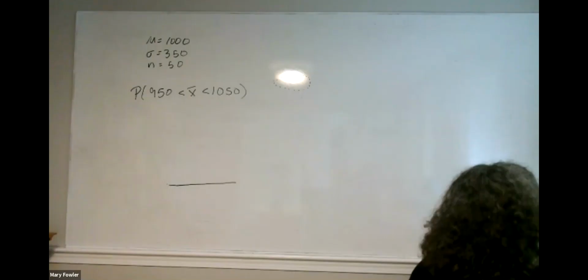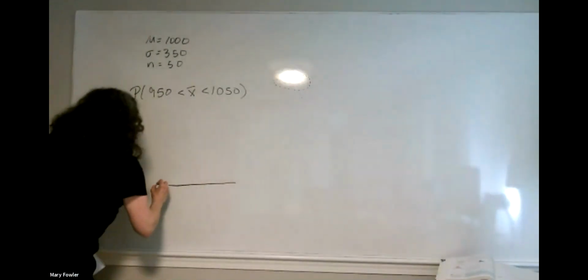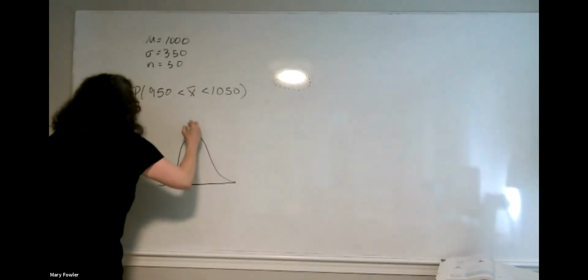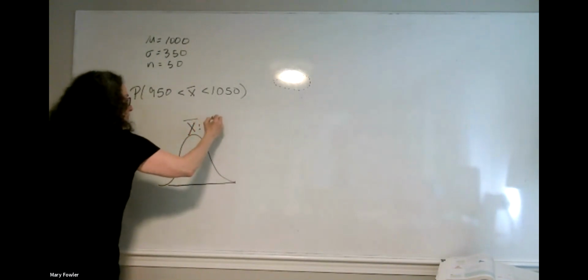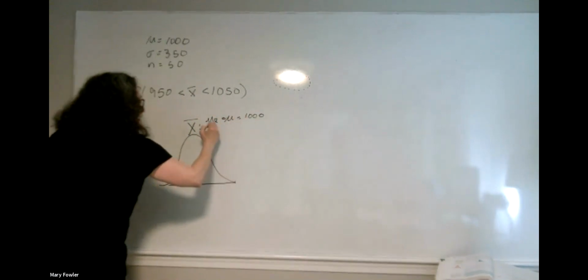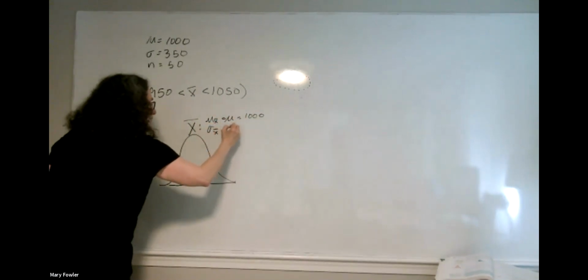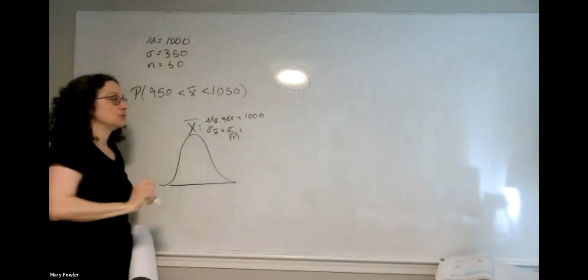And so let's draw that up on the board. We have X bar that is approximately normal. And we know mu sub X bar equals mu, and that's 1,000. And sigma sub X bar is equal to sigma over the square root of n. Now we have to substitute in here.